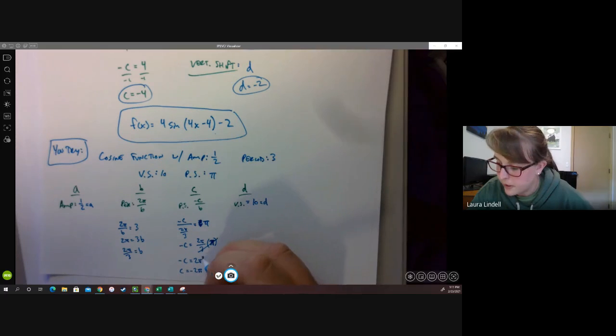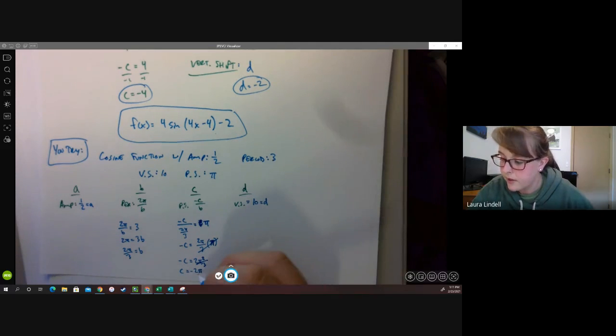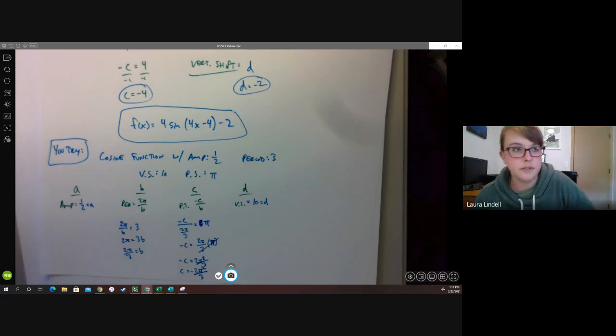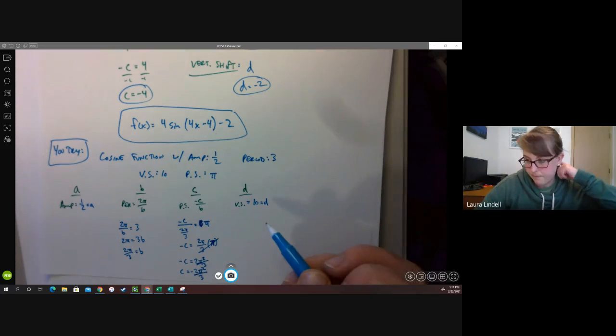So you get 2 pi squared over 3 is equal to negative c. So then negative 2 pi squared over 3 is equal to c. Didn't mean to make that one quite so ugly. But anyway, there we go. That's our c value, which makes our phase shift pi.